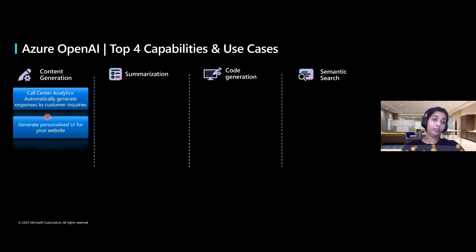You will also be able to do other kinds of content generation like personalized UI for your website. How do you automatically do that? Again, content generation kicks in. So anything where you want to automatically generate content, that's basically the idea behind content generation.